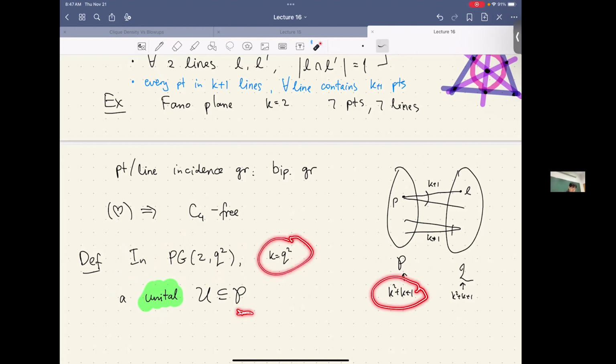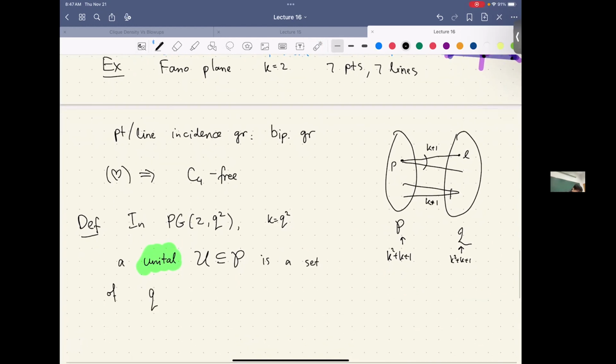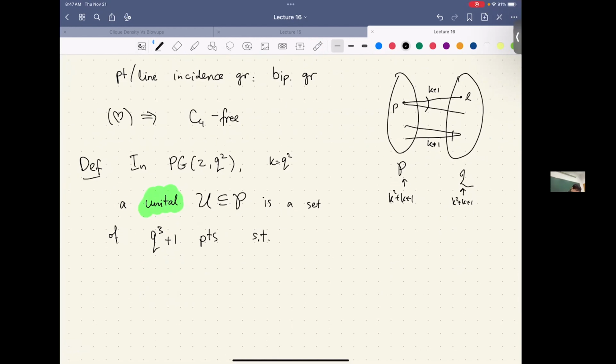Okay, so in total the number of points and the total number of lines is roughly K to the 4, Q to the 4. So a unital is a set of Q to the 3 plus 1 points, such that it satisfies the following property, such that for every line in our projective plane, it intersects the unital.